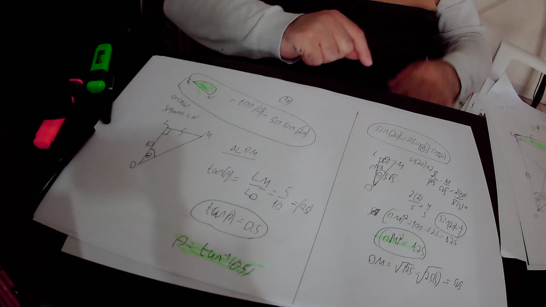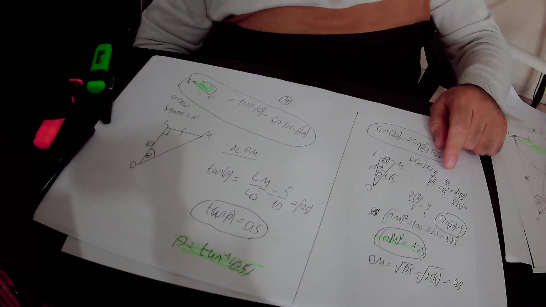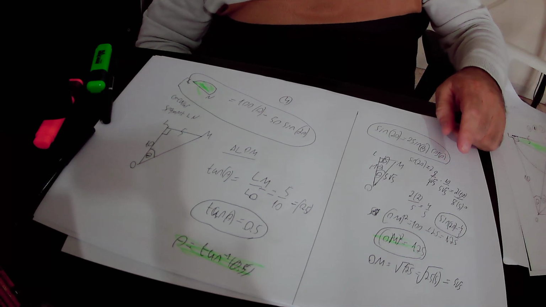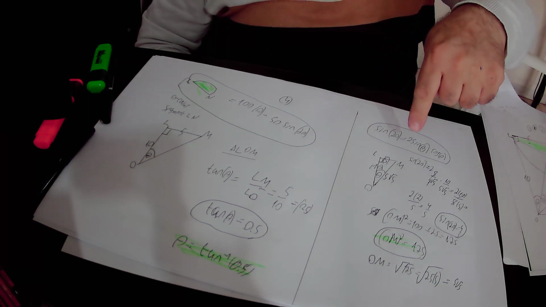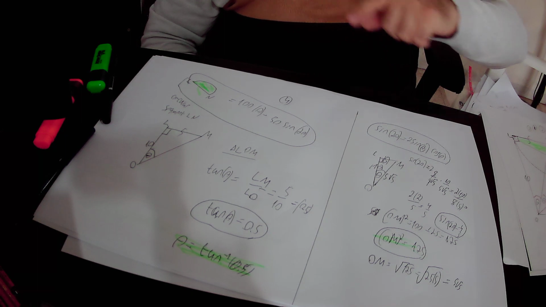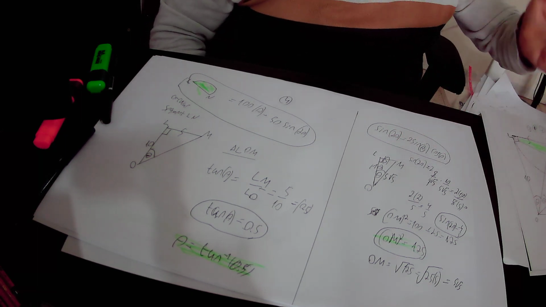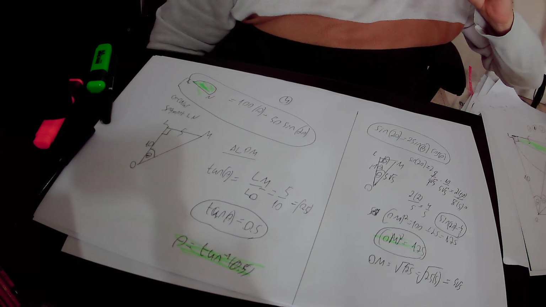So in conclusion, sine theta equals 5 over 5 times square root of 5. Cosine theta equals LO over MO. LO equals 10 and MO equals 5 times square root of 5. So in conclusion, cosine theta equals 10 over 5 times square root of 5.